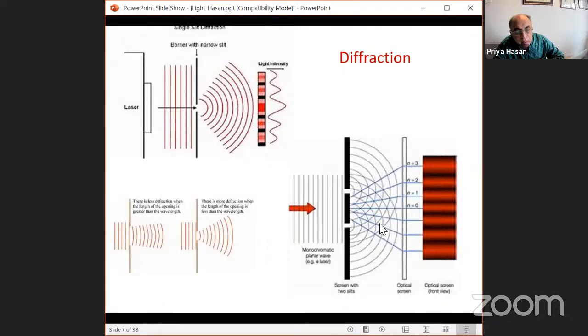As this wave front comes and hits it, these waves are created, and from the other one another wave is created, and they interfere with each other, and you will get this kind of diffraction band on a screen.